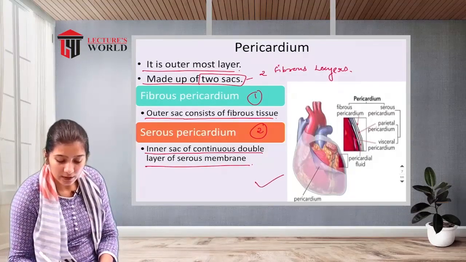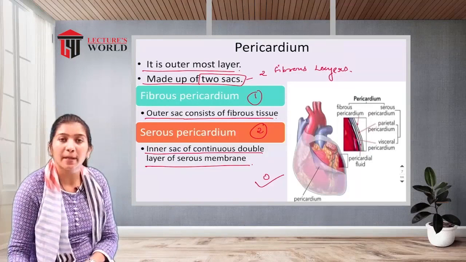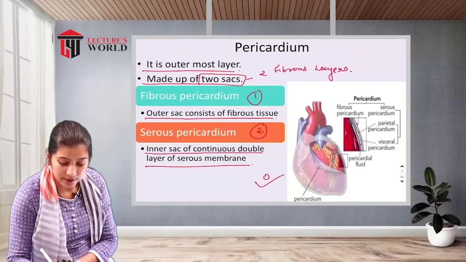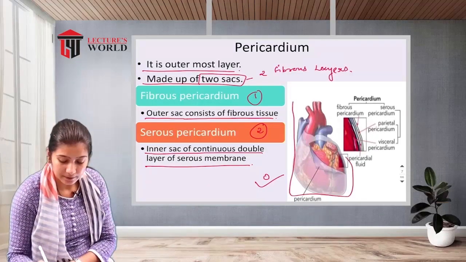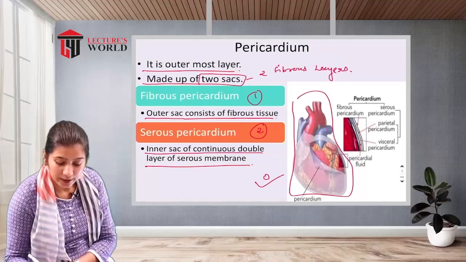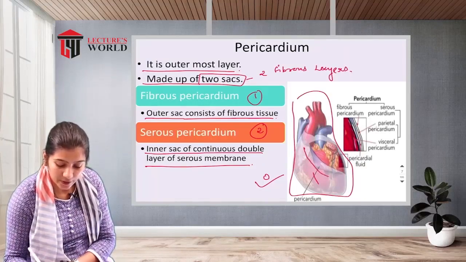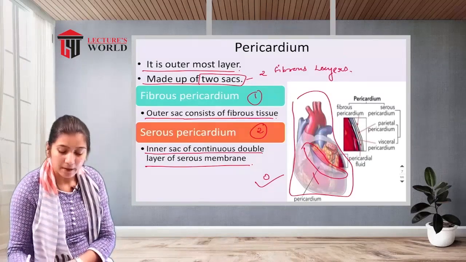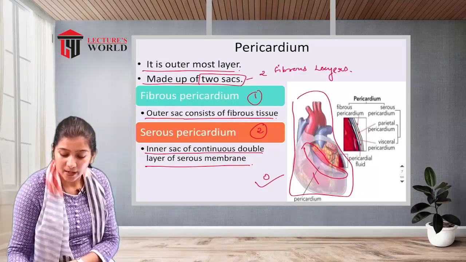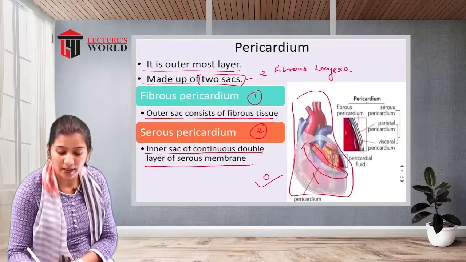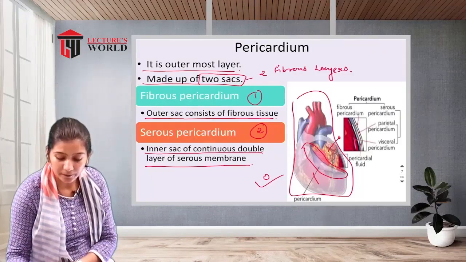So this is a microscopic structure of the pericardium layer. This is the heart. Okay, the transparent cover you are seeing, here is a section of that cover. It is the pericardium, and the microscopic structure of pericardium you can see over here.